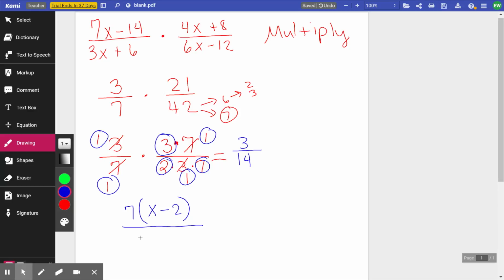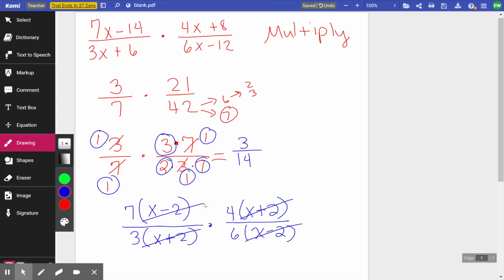If I do the same thing with 3x plus 6, 3 is the GCF. This will be x plus 2. Same thing for the numerator: 4 is the GCF, and I get x plus 2. And in the bottom, I have 6 times x minus 2. And so similarly, we can cancel out the x plus 2's and the x minus 2's, and we do.